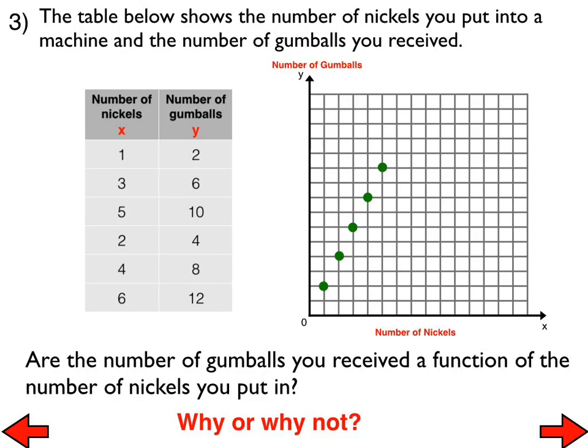Continuous. Really? All right. Hold that thought. You're telling me that I can put half of a nickel in that machine? If I put half a nickel, that would give me 1 gumball. I can't put half a nickel in that machine. Therefore, it is discrete. We are not going to connect those together.